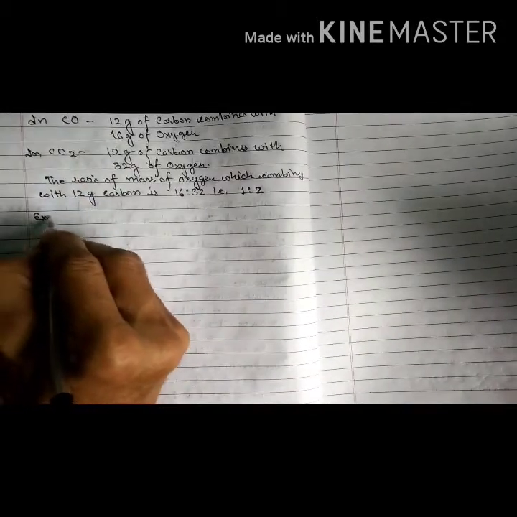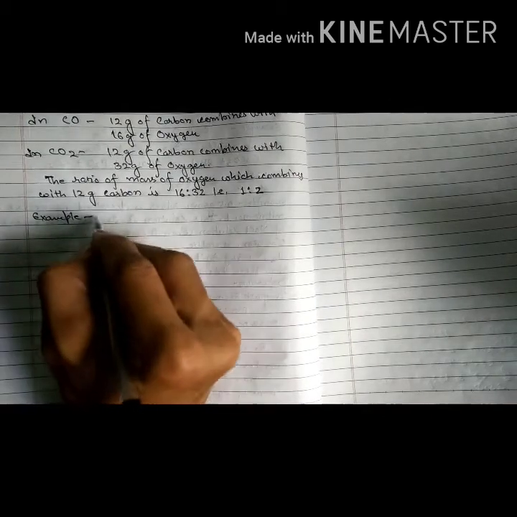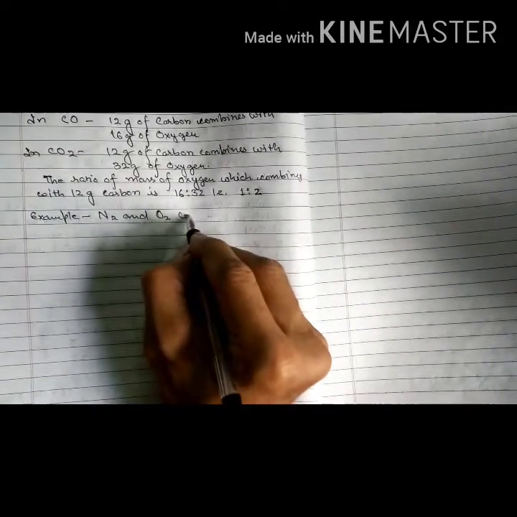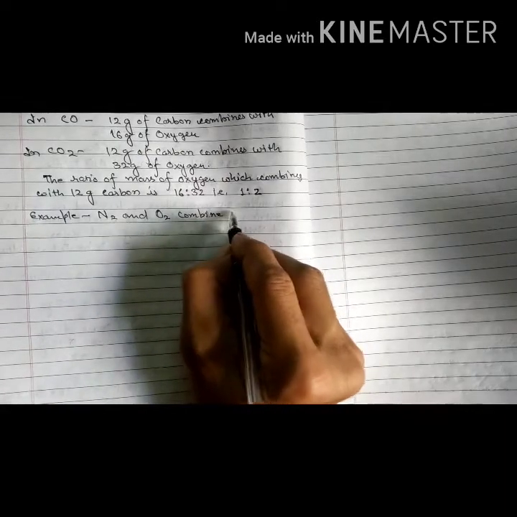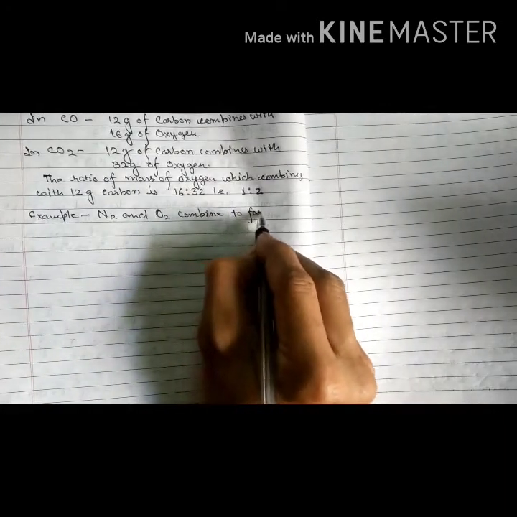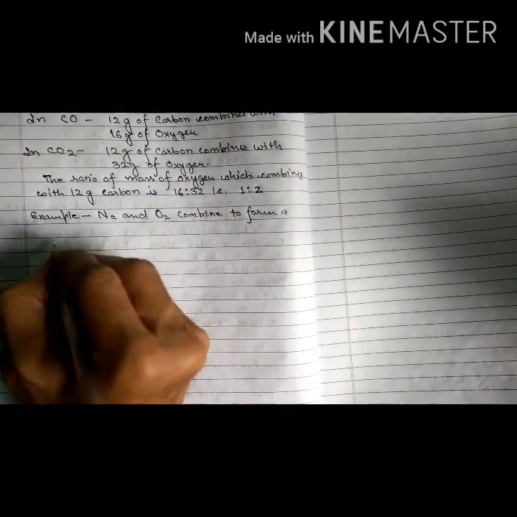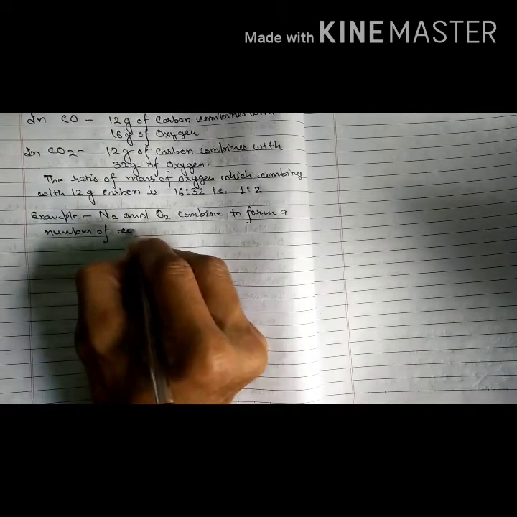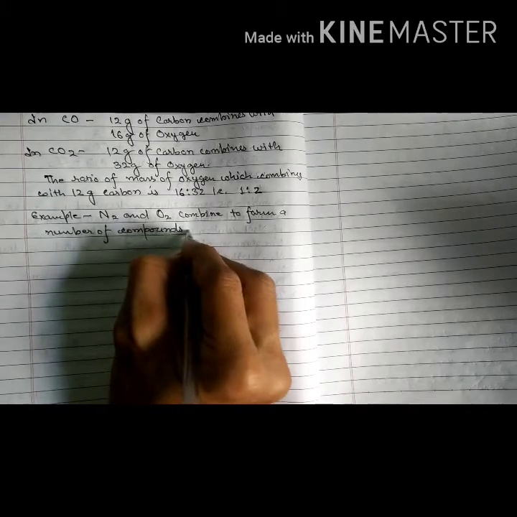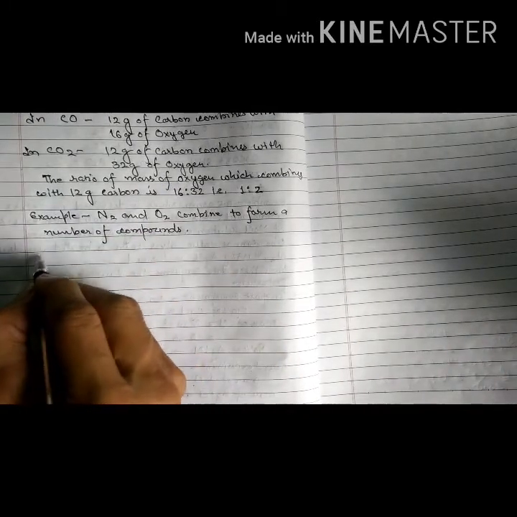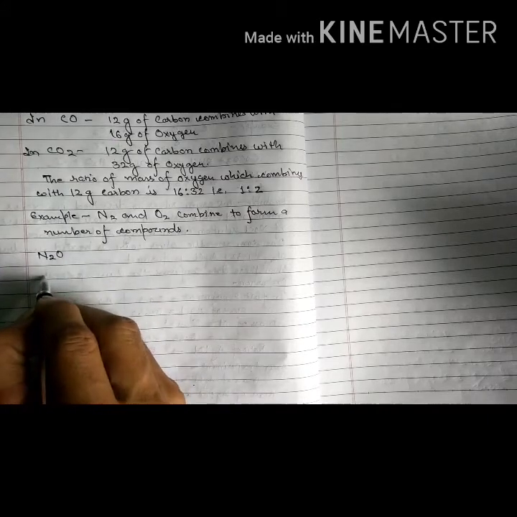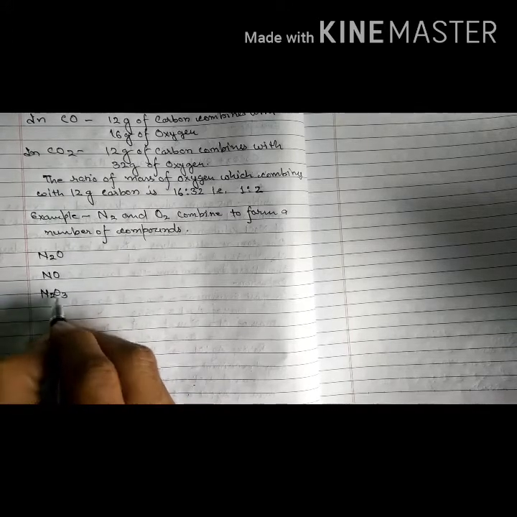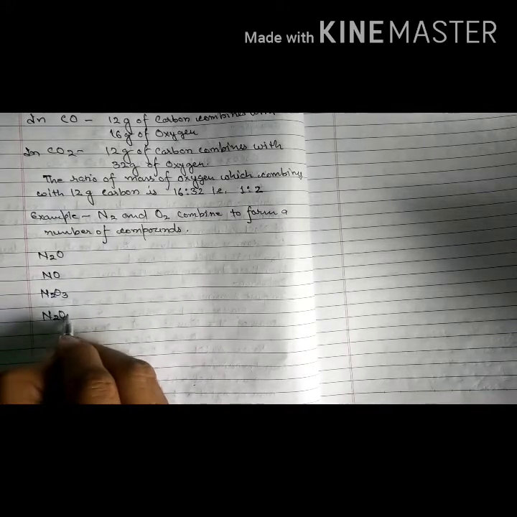Another example, N2 and O2, nitrogen and oxygen combine to form a number of compounds. Such as N2O, NO, N2O3, N2O5.